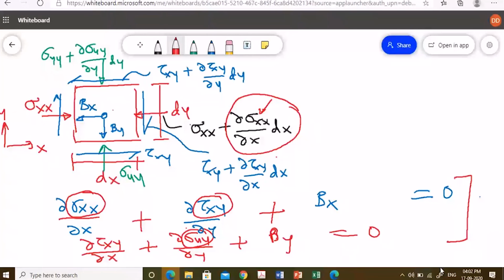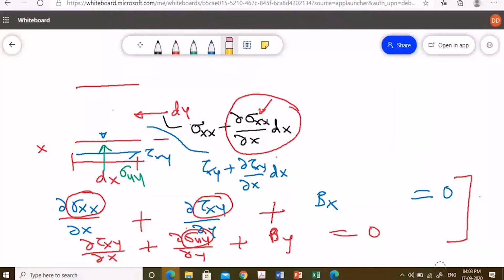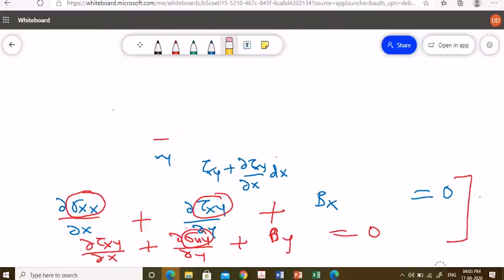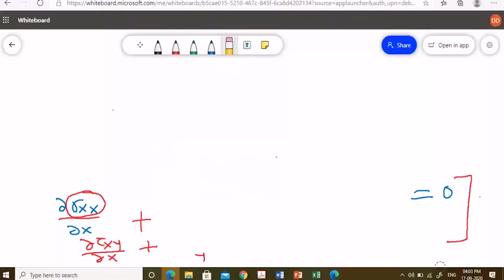I will come to dynamic maybe later on. But whatever time is left, I'm not sure whether we have time. Oh, we are already over the time. But I can give you a problem very quickly. You can solve it at home.